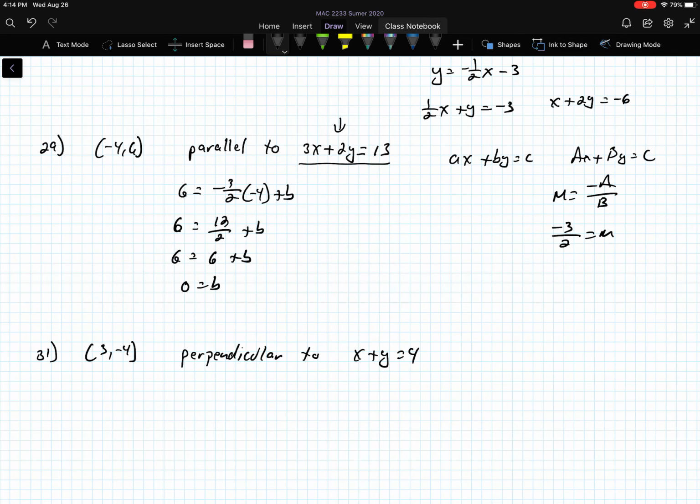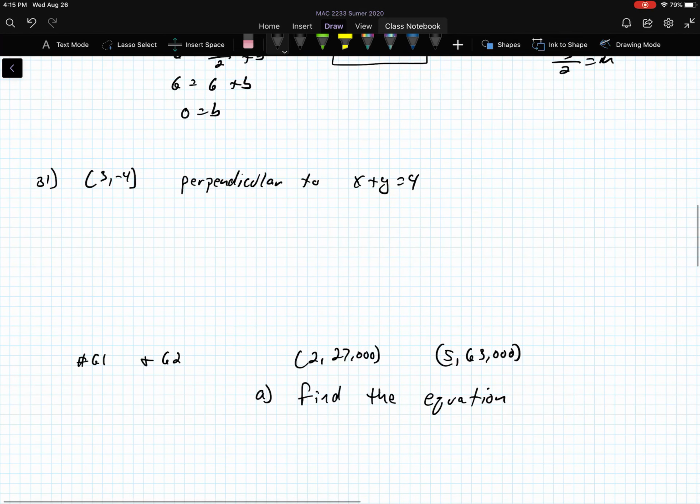So if I turn around and do it that way, I get that b is equal to 0. So then my equation becomes y is equal to -3 over 2x. And so if I were to plug in -4, I would get 6, right? So -4 times -3 over 2 is 6. 6 is equal to 6, so that's a true statement. So this is parallel right here, same slope.